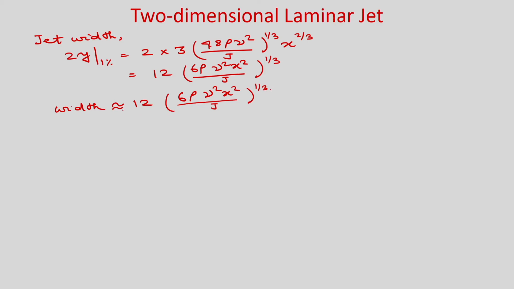You can see that this width with x will spread as x to the power 2 by 3. So, thus the jet spreads as x to the power 2 by 3.